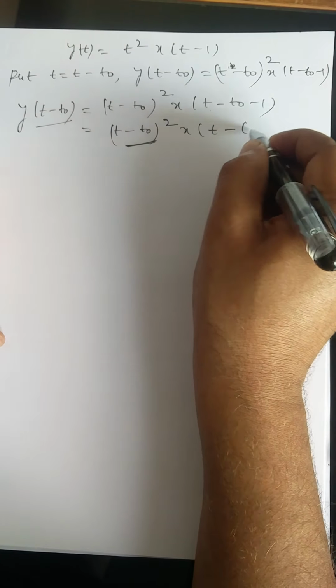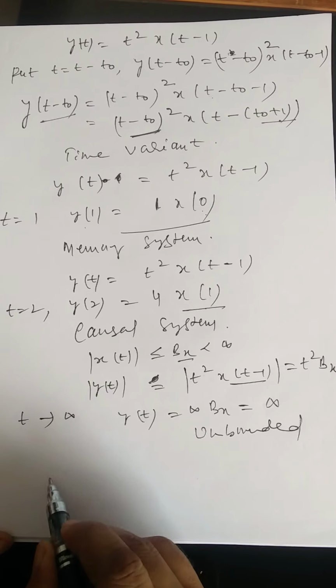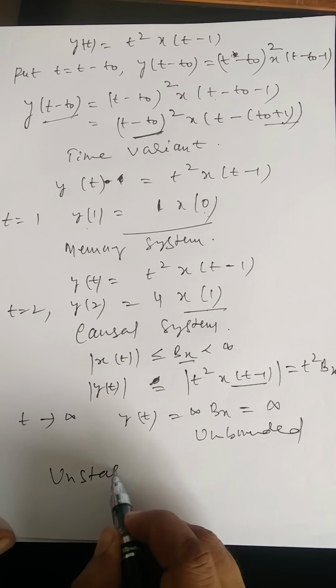The t square value we get as it is, the input is bounded, so x of t minus 1 is also bounded. As t tends to infinity, y of t will become infinity square times a bounded value, so the answer will become infinity, hence it is an unbounded output. For a bounded input, it gives an unbounded output, hence the system is said to be unstable.